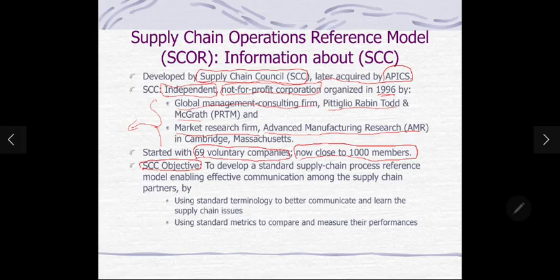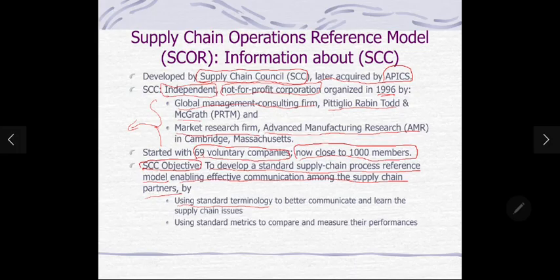The main objective behind starting the SCOR model is to develop a standard supply chain process reference model, enabling effective communication among the supply chain partners, because supply chains contain different companies in different nations, with different languages. We need to communicate using a standard terminology. Instead of calling it procurement, purchasing, or sourcing, different names, we need just one name.